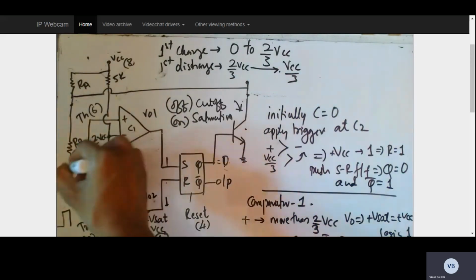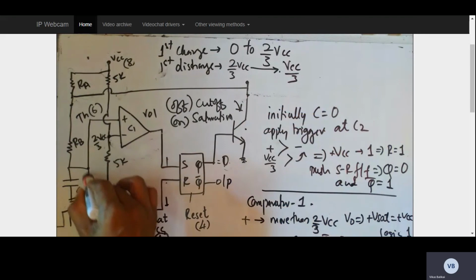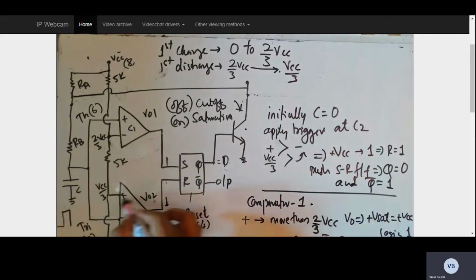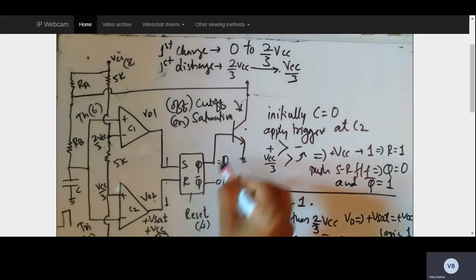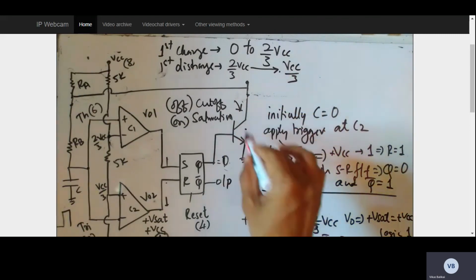So the capacitor again discharges. During discharge, as soon as the discharge value reaches less than VCC by 3, comparator 2 will be active and comparison occurs over here, and as a result the output will be thrown at comparator 2, and accordingly the SR flip-flop will either give the output as 0 or 1, and accordingly this transistor will be either in the off or on state.